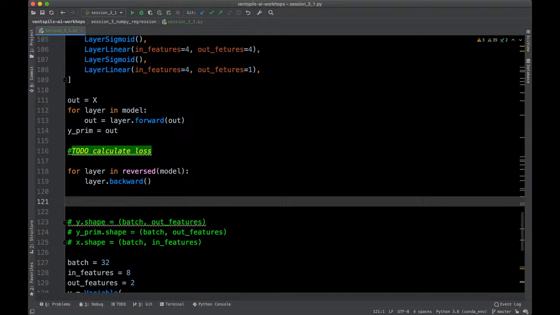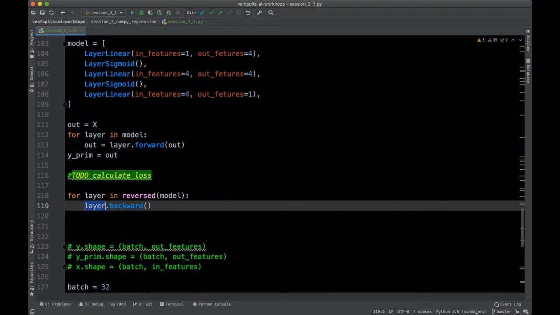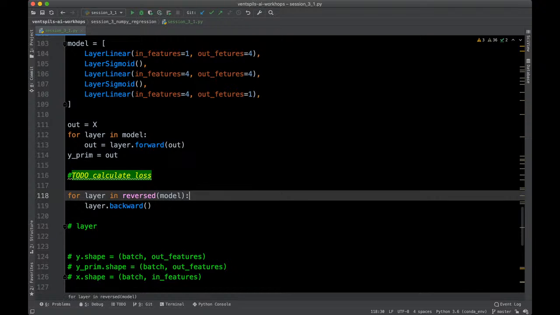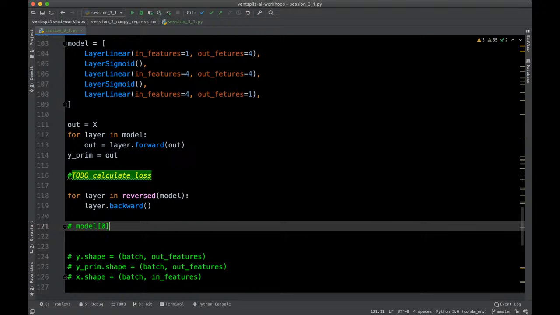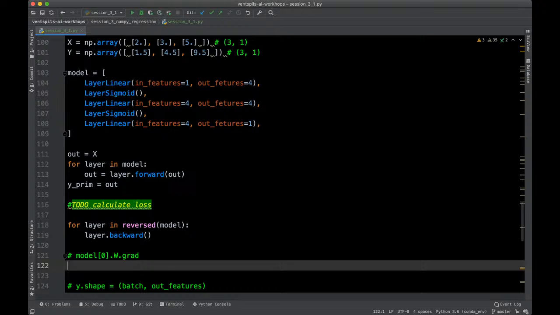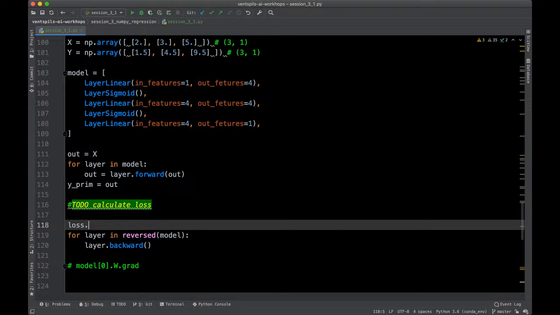And then in those linear layers that we have, you can access the gradients. So this is going to be the model, first layer. We'll have W there, and here's the grad. So this is now calculated, so you can use it, and you already know how to use it. Remember that you also need to call the loss backward first.